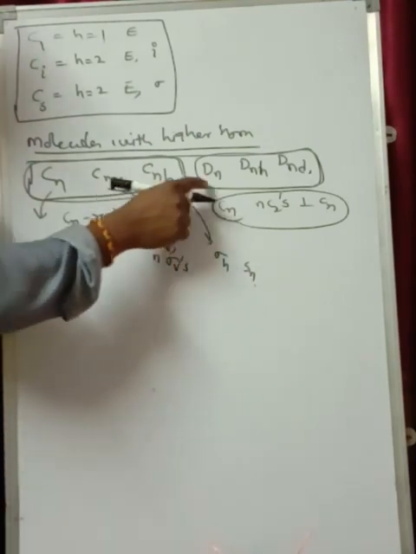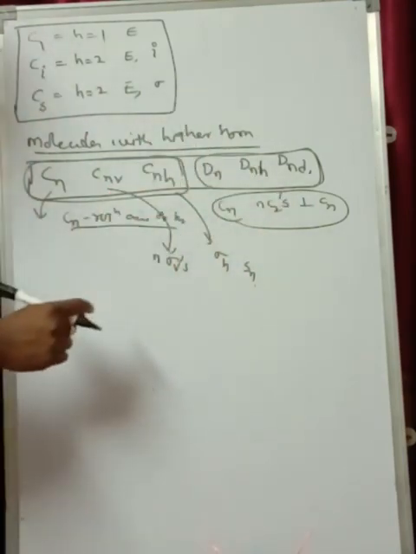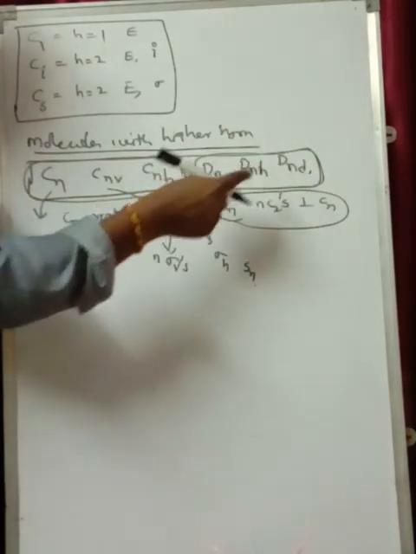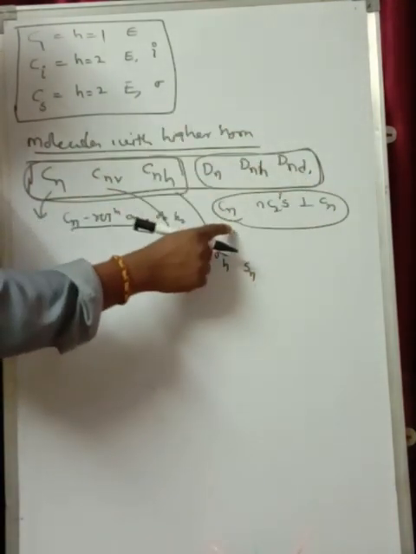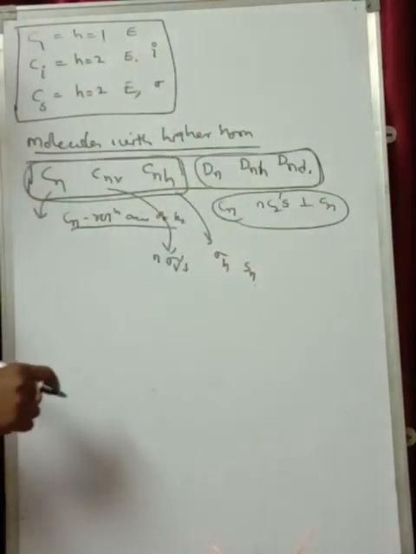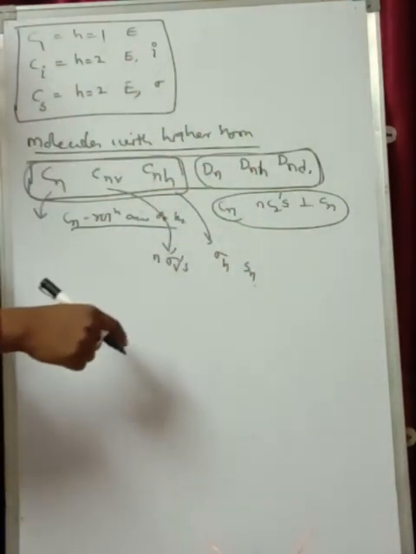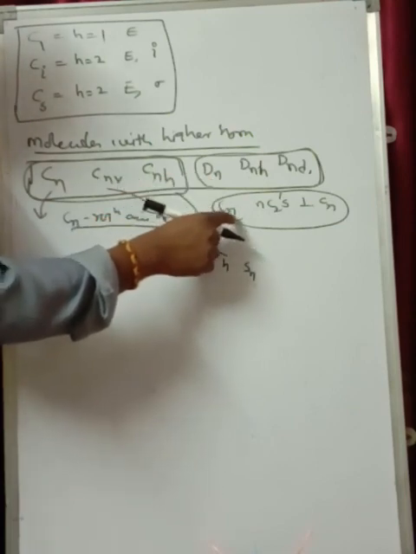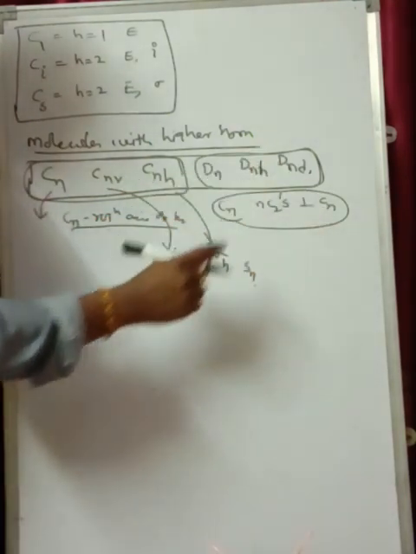Whereas if you go for Dn, Dnh and Dnd, either of these three point groups will definitely have Cn with n number of C2s perpendicular to Cn. For example, take Dn: Dn will have Cn rotation with n number of C2s perpendicular to Cn.